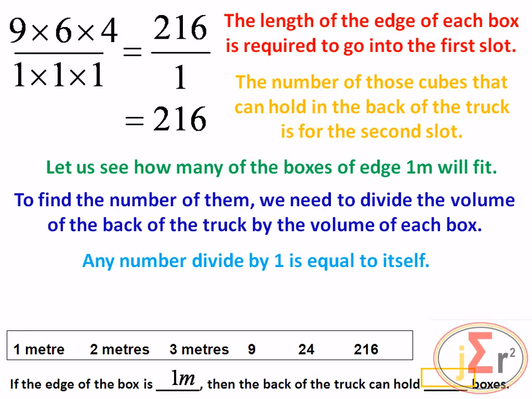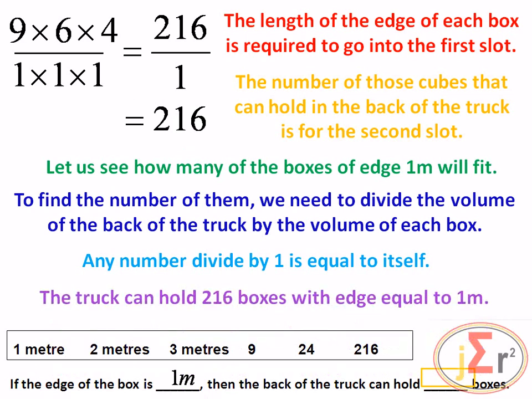So 216 divided by 1 is equal to 216. The truck can hold 216 boxes with edge equal to 1 meter. And do we have a representation there? Yes, we do. 216 right here.